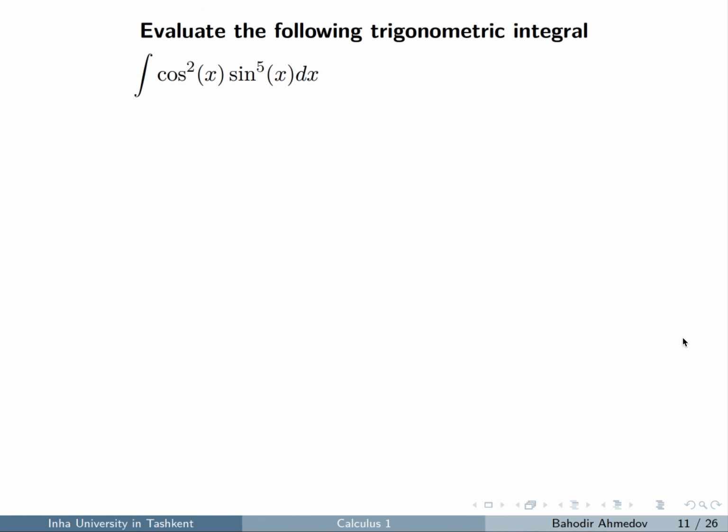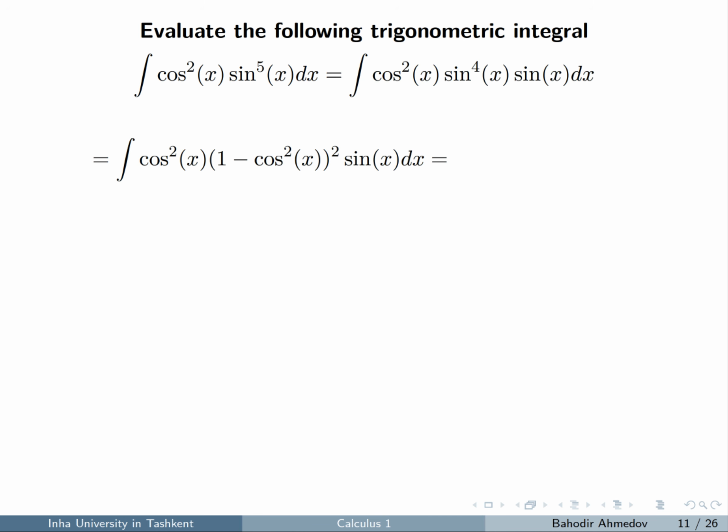We're given a function where the power of the sine is odd, right? We're going to save one power of the sine separately, and express the rest of the sine using this formula. So here, with cosine squared of x, sine to the power of 4 is going to be written as (1 minus cosine squared of x) squared, right?